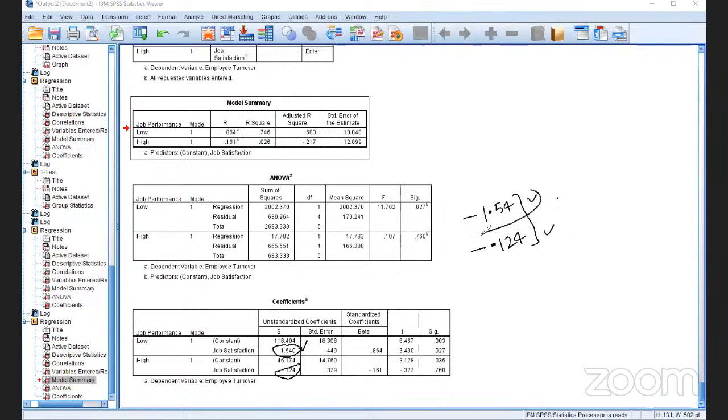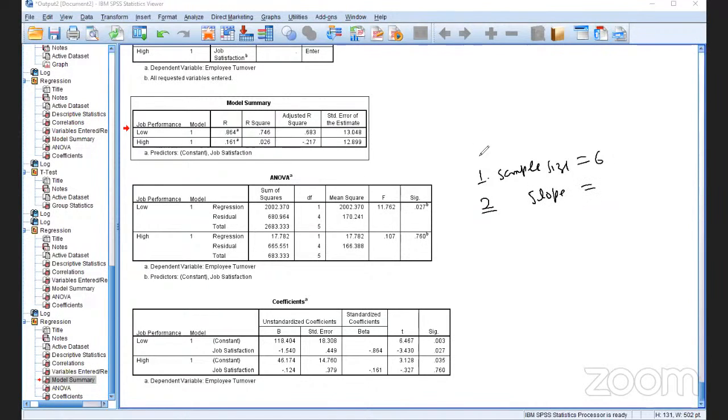So here we will use a free online slope calculator. How to do it? Before analyzing, we need the values. First, the sample size of the low job performers. The sample size is this, and then the slope for low job performers, minus 1.540, and the third value, the standard error.